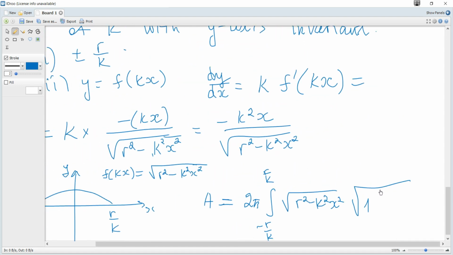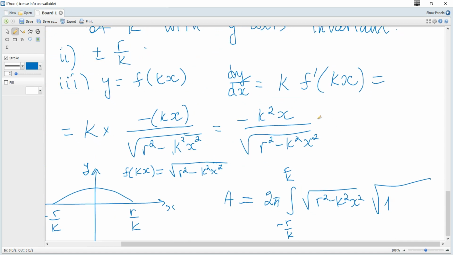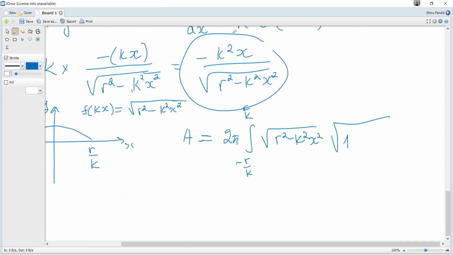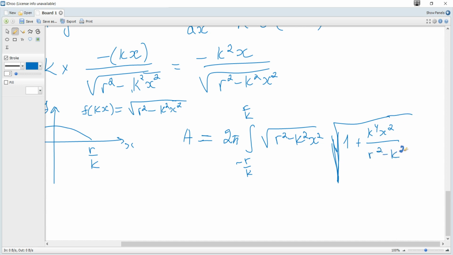What is the derivative? The derivative is this, and squared, it becomes 1 plus k to the power of 4 x squared over r squared minus k squared x squared, dx.